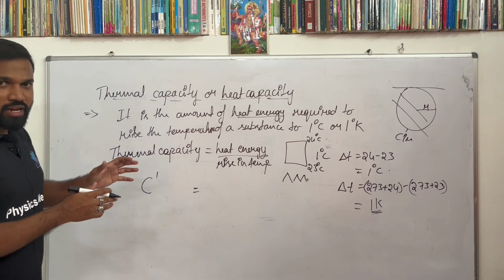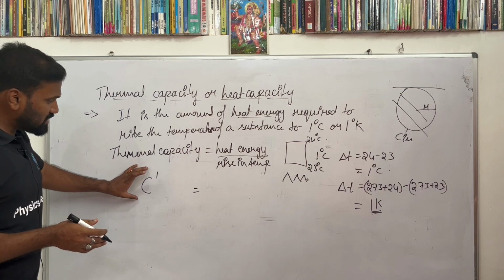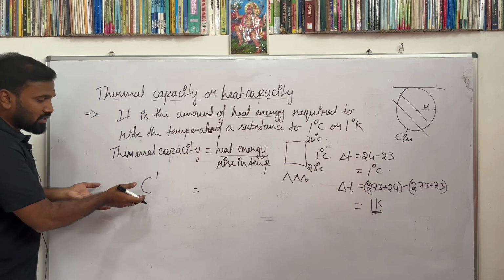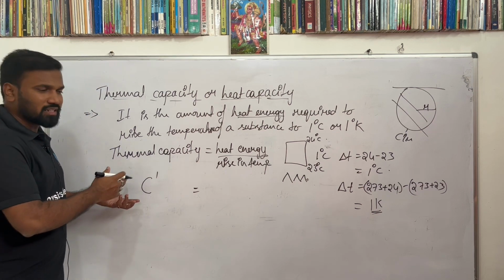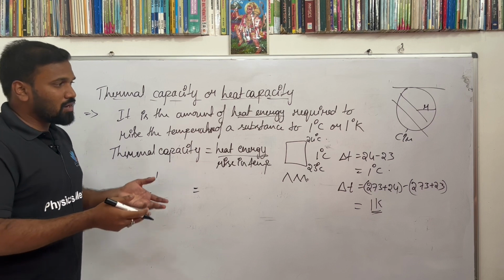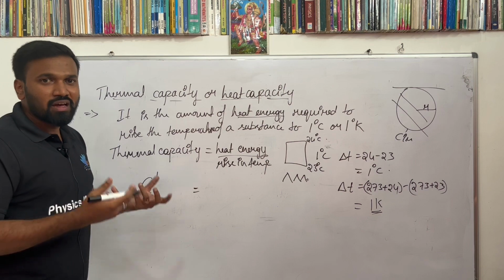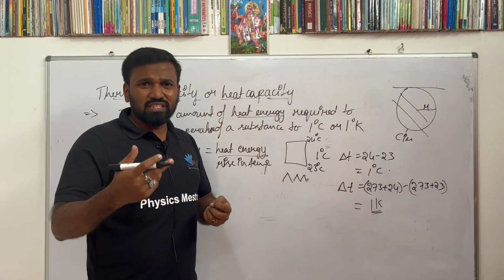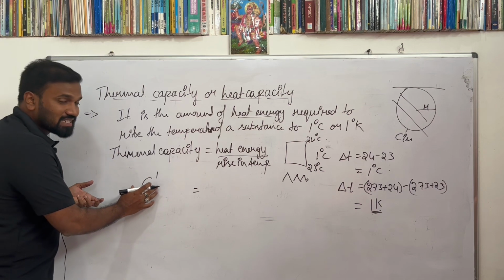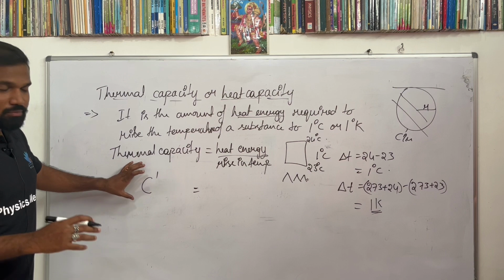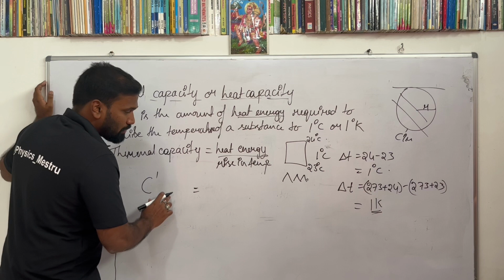We could take different letters, but in the textbook it has been mentioned there, and that will be familiar to those who refer to those textbooks. Keeping that in mind, I am using the same letters. So C dash is the thermal capacity denotation.